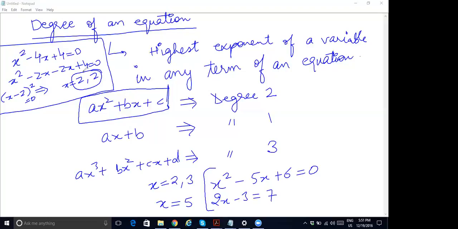So degree gives you the number of solutions, but we certainly cannot get more solutions than that. The number of solutions will always be less than or equal to the degree, right? Yes.